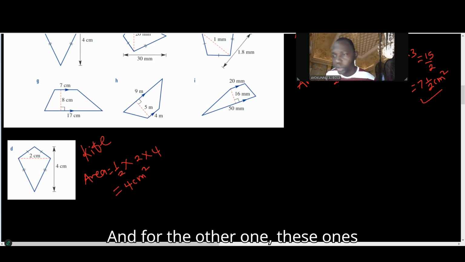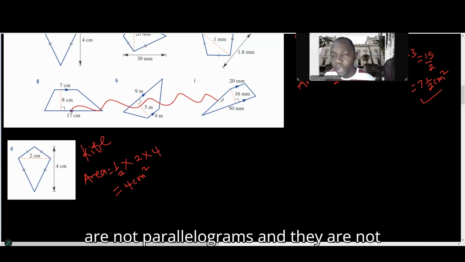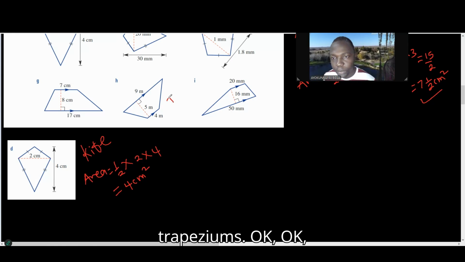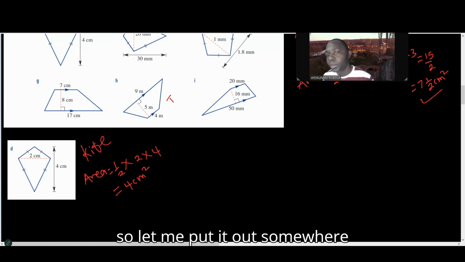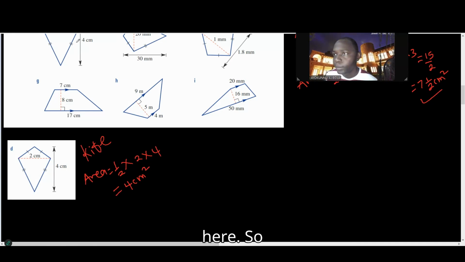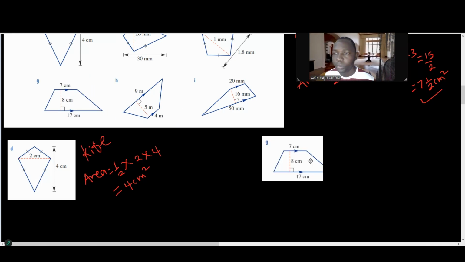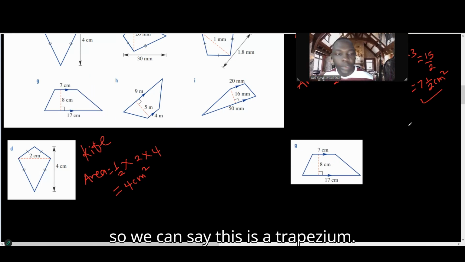And for the other one, these ones are not parallelograms and they are not kites. They are trapezoids or trapeziums. So we can say this is a trapezium.